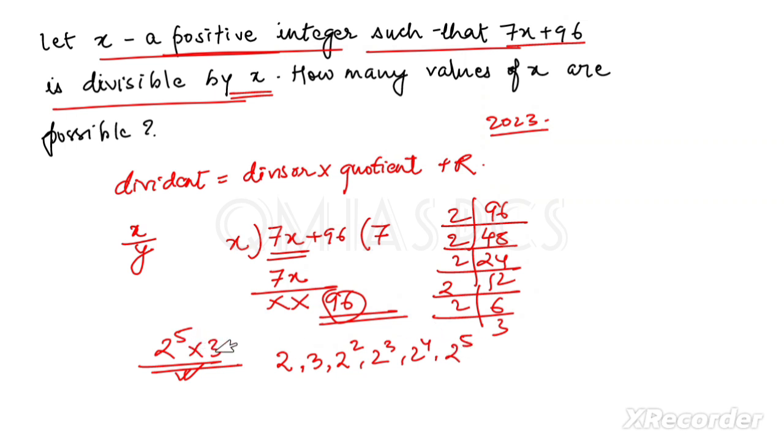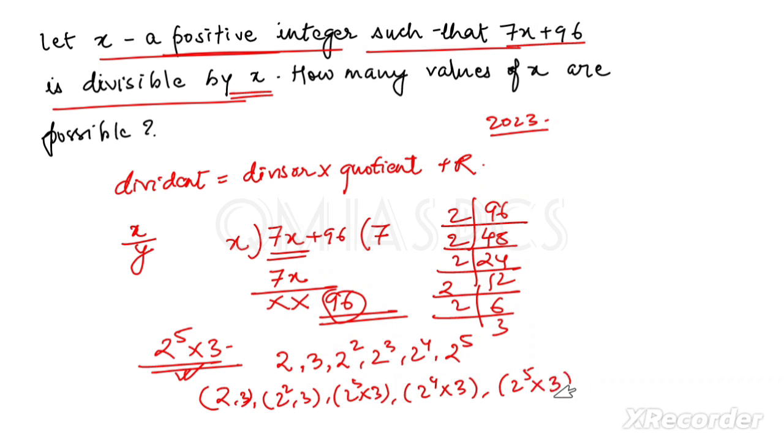Now combine both. First I take 2 and 3, that means the number will be 6. Then 2 power 2 and 3, power 3 and 3, power 4 and 3, power 5 and 3. Clear? I think it is clear till now.